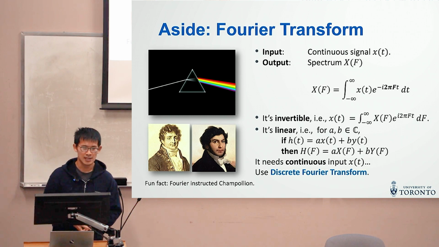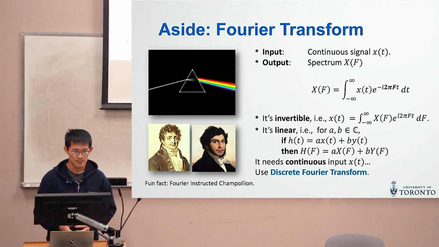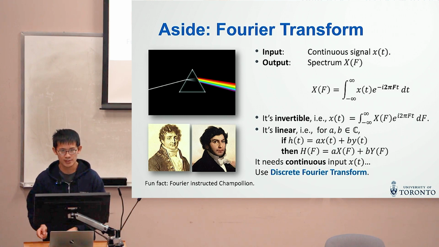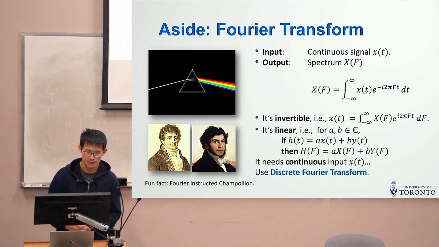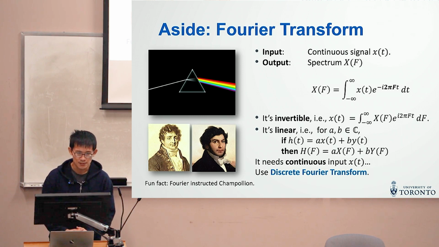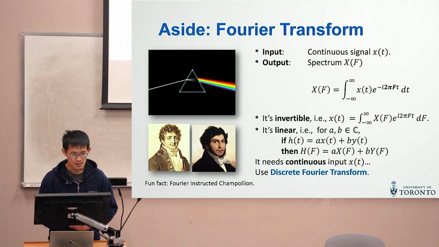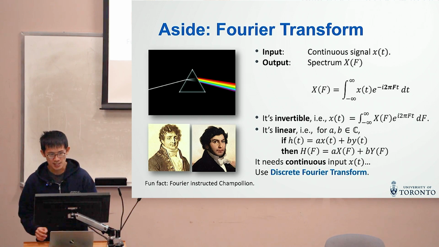And some very nice properties of the Fourier transform are that it's invertible. So you can go from the time domain to the frequency domain, and you can also go back using the inverse Fourier transform. And also it's linear. So when you scale up in the time domain, it also scales up in the frequency domain.